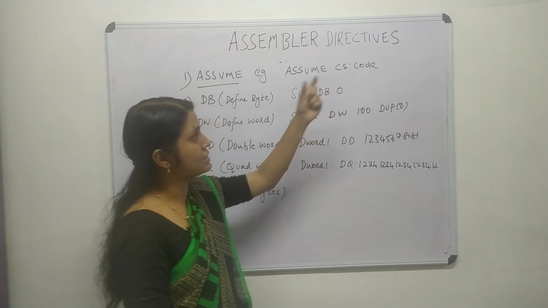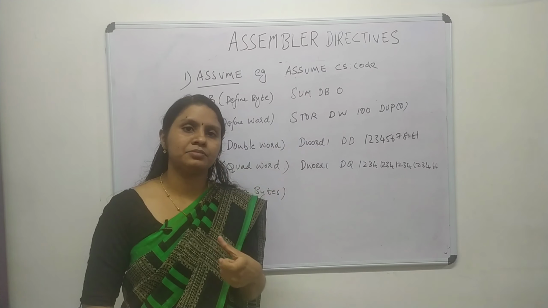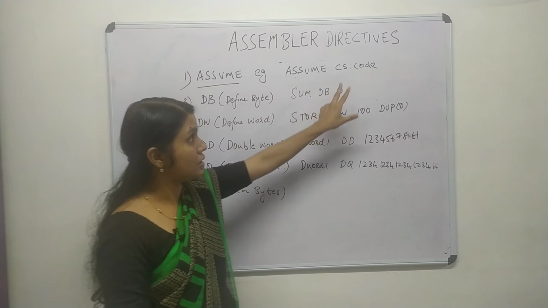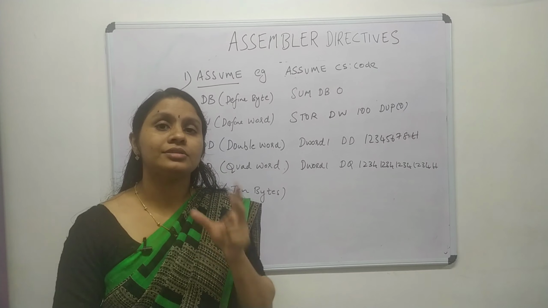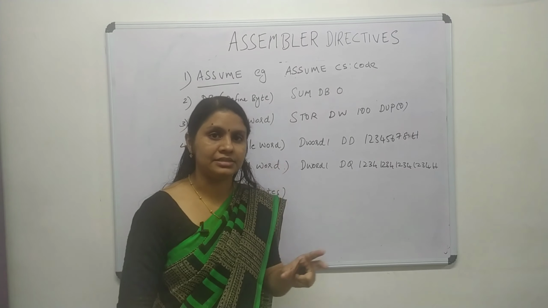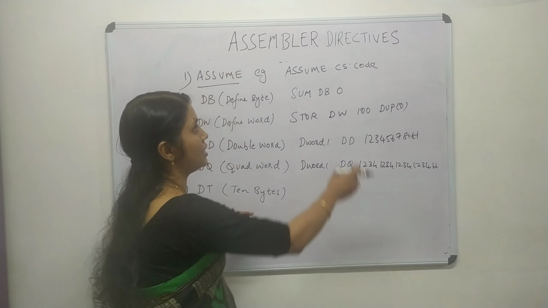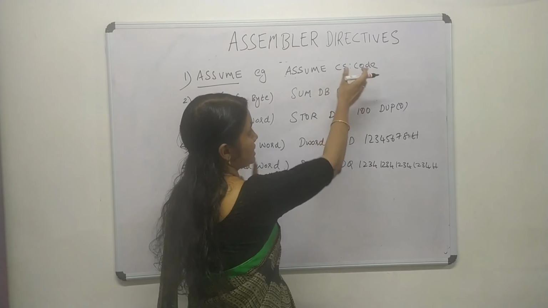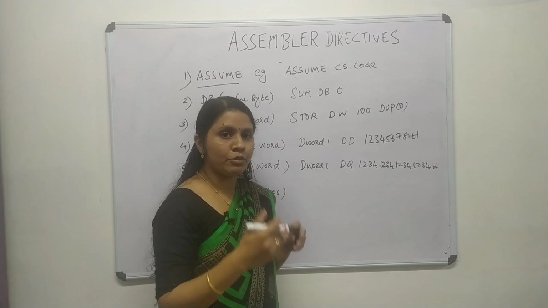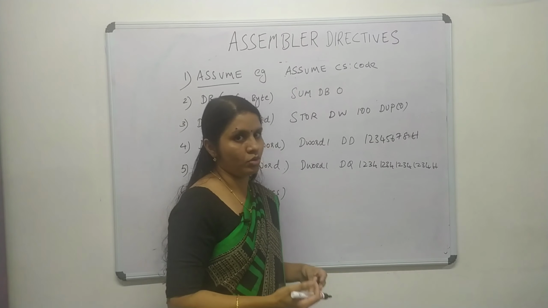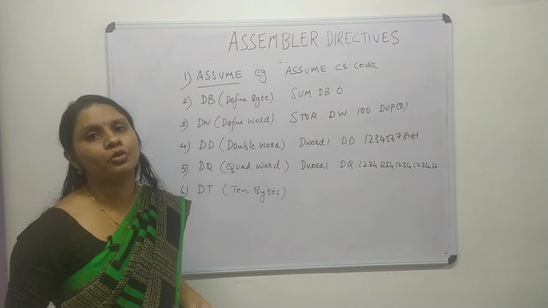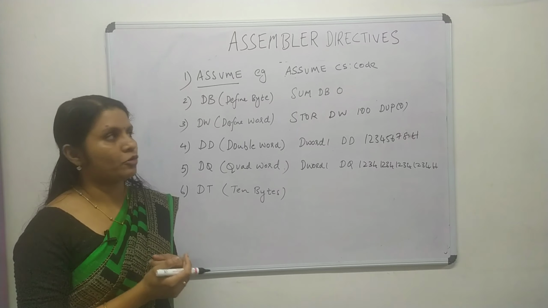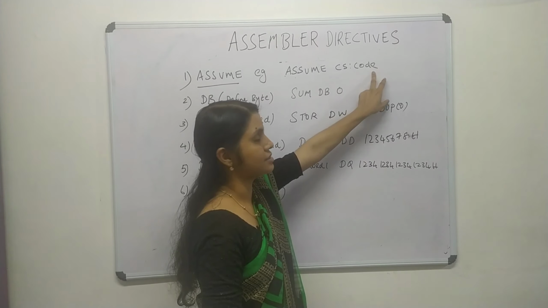That code segment contains the instruction statements for the program. So ASSUME CS:CODE tells the assembler that the name of the logical segment is code and it contains the instruction statements for the program, and it is a code segment.